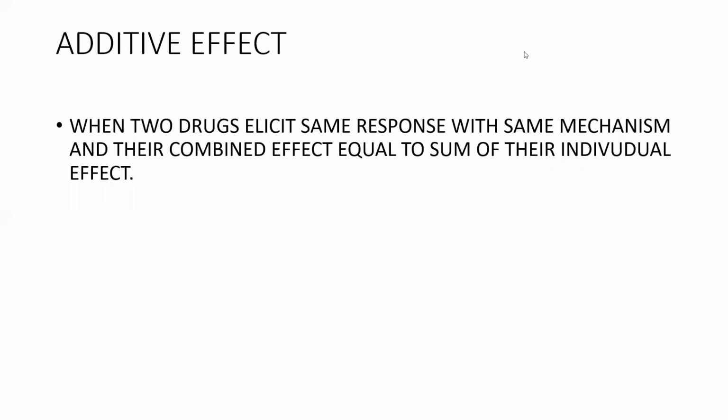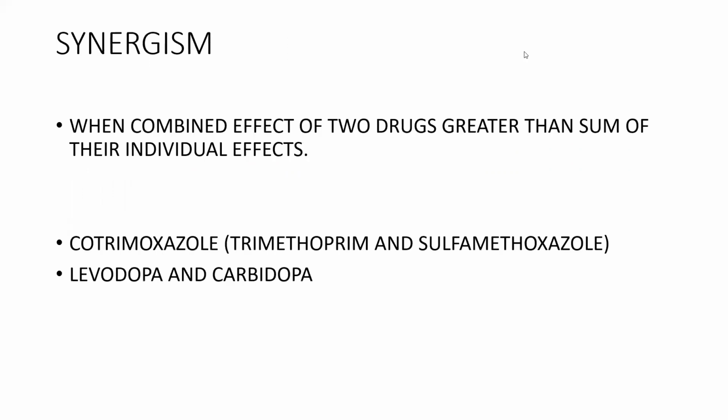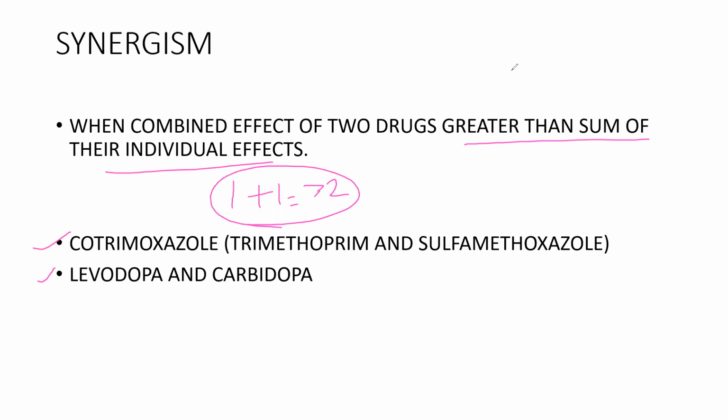And then next, synergism. What is synergism here? When the combined effect of two things, 1 plus 1, is greater than 2, greater than the sum of their individual effects, that is synergism. Example, cotrimoxazole. Cotrimoxazole is a combination of trimethoprim and sulfamethoxazole.